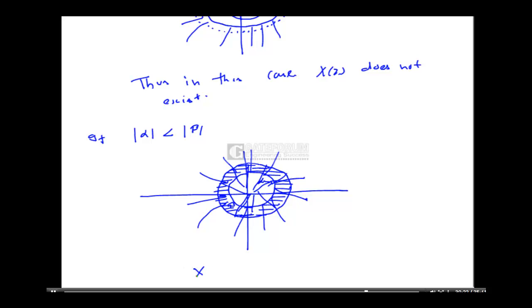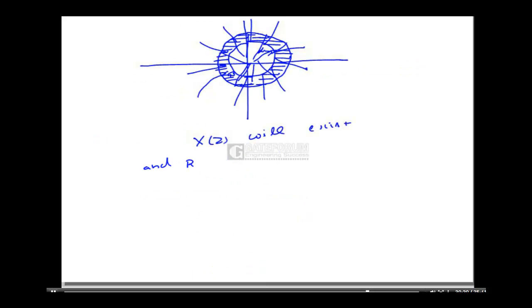Okay, so in this region X(z) will exist, and the ROC will be an annular ring. Okay, so we have to be careful when we are choosing the values.